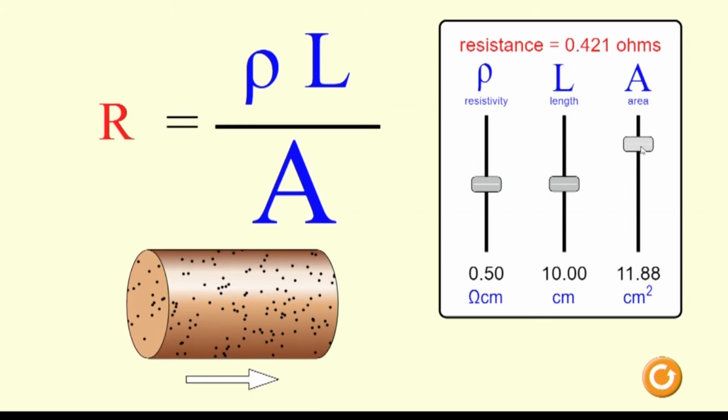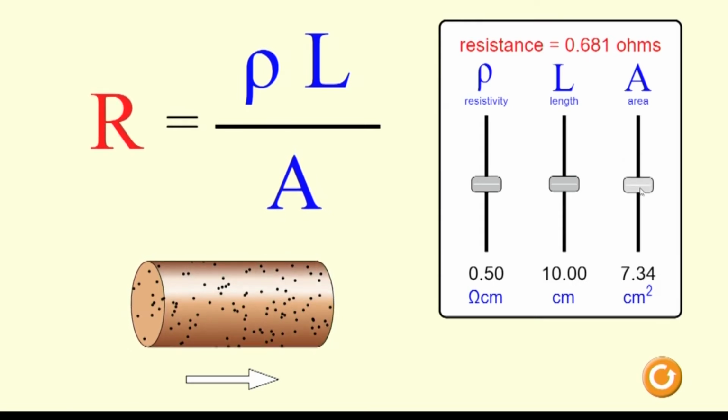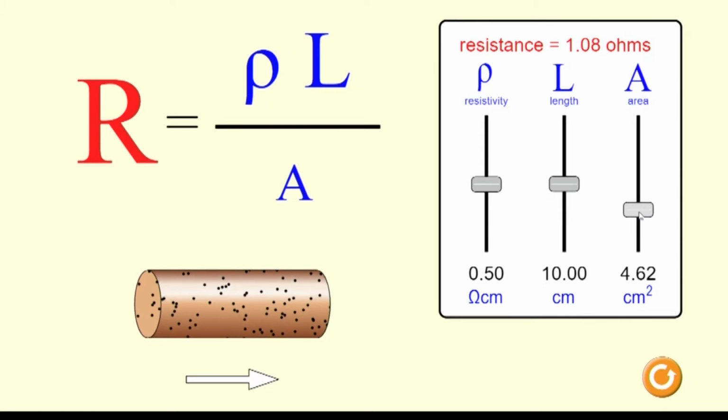So when we increase the area of cross section, we observe that the resistance of the conducting wire decreases. As soon as we decrease the area of cross section, we observe that the resistance of the conducting wire increases.